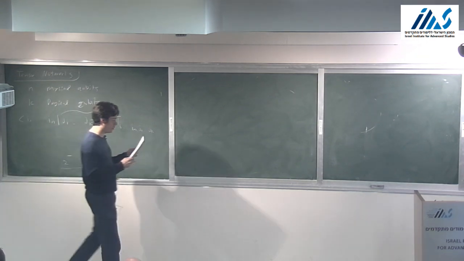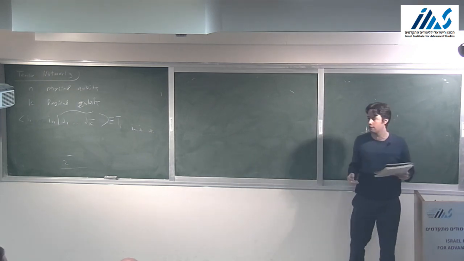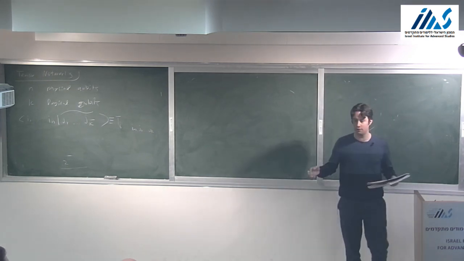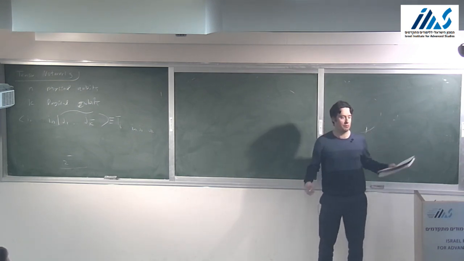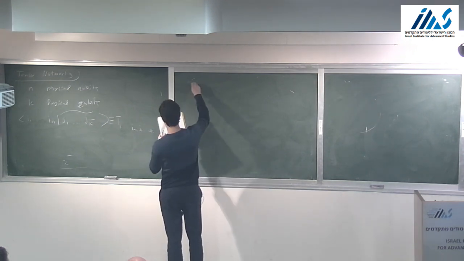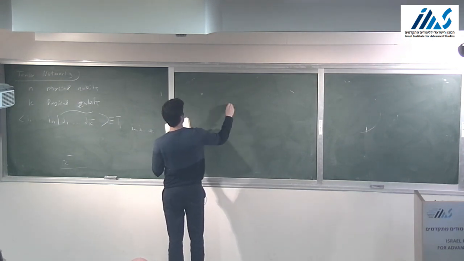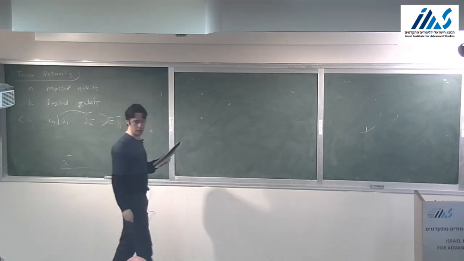So what is a tensor network? Well, the basic idea is you build a big tensor with a lot of indices out of a bunch of tensors with a small number of indices by contracting the indices in some geometric pattern. Let me just draw one example, and that'll basically be it for today. In my example, there will be 3 tensors, and each of the tensors will have 4 indices.